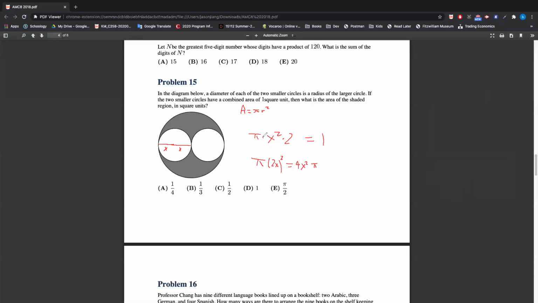And we can see that the original was 2x squared pi. And because we're finding the area of the shaded region, we actually have to subtract this non-shaded region from the entire circle, from the big circle. So this 4x squared pi is going to be subtracting 2x squared pi for the shaded region.